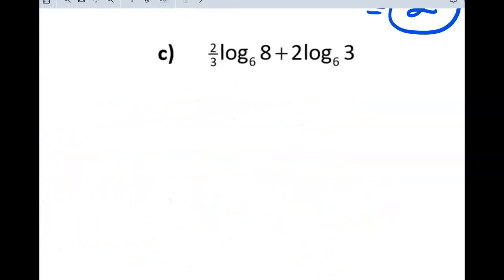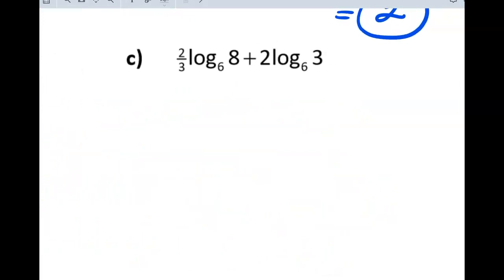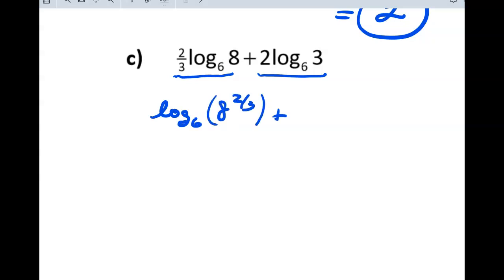One more here. Again, we're going to use the power property first to take care of our multiplications. So 2/3 times log base 6 of 8 is log base 6 of 8 raised to the 2/3. And the next term is going to be log base 6 of 3 squared. Remember, an exponent of 2/3 means the denominator gives us the number of the root, so that's a third root or a cube root.